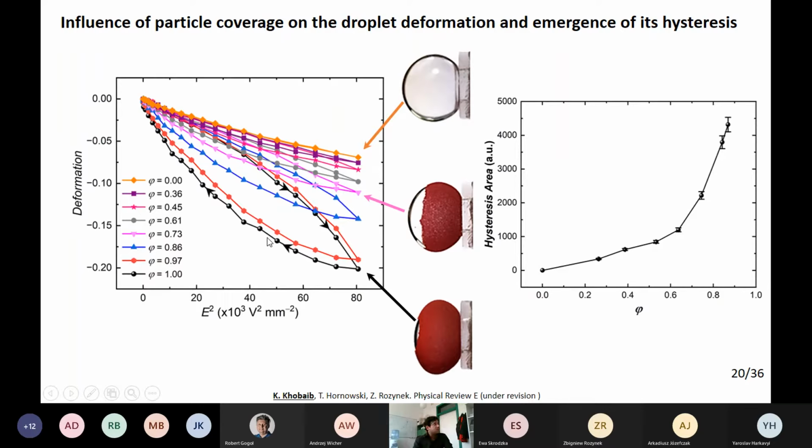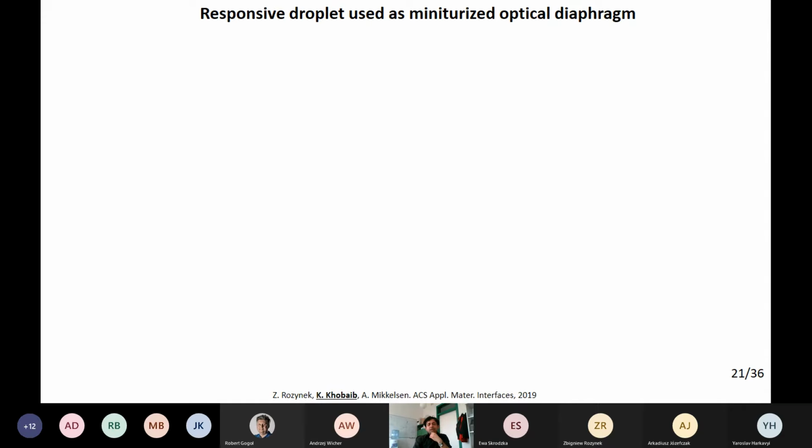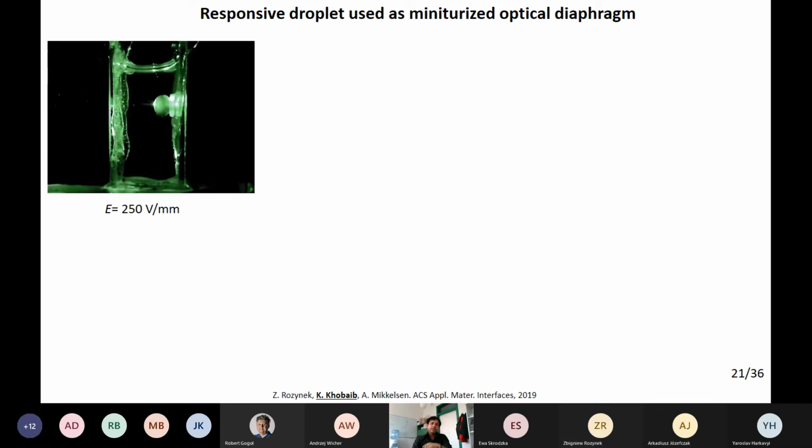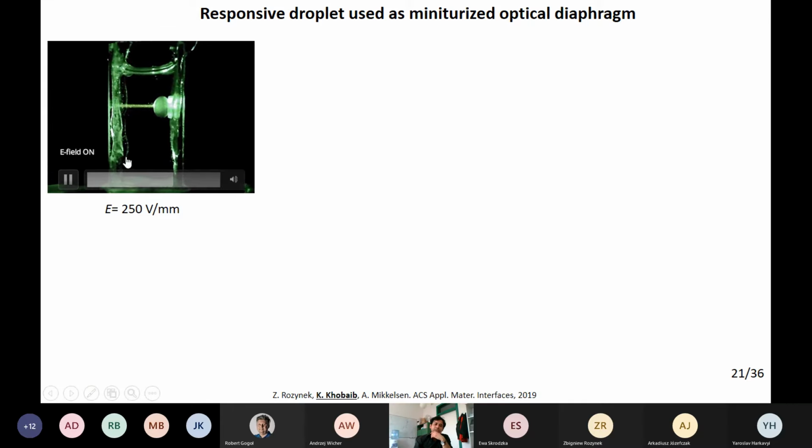Now I want to move to an application based on the optical diaphragm. How can we use such opening and closing of the particle shell as an optical diaphragm? Here we use our laser source, and we use an intensity meter on the other side of the cuvette, and we apply the electric field.